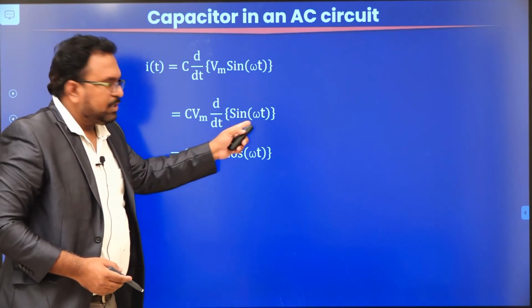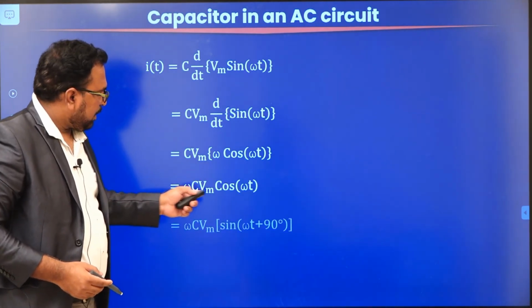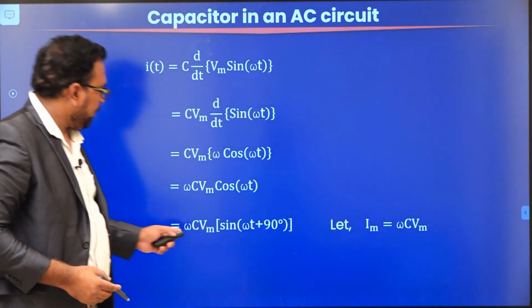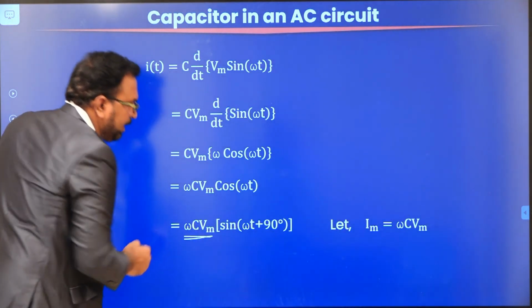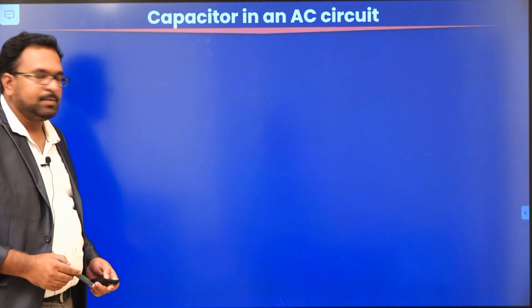Then the differentiation of sin omega t is omega cos omega t. Then cos omega t is represented as sin omega t plus 90 degrees. Finally we consider this value as the maximum value of the current Im, and obtain the final expression as Im sin omega t plus 90.